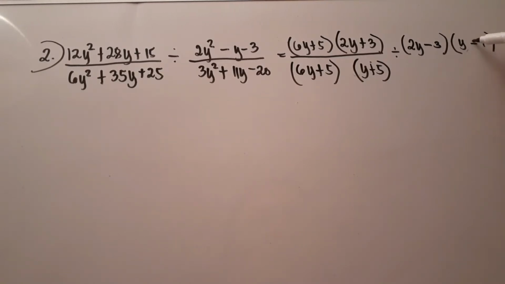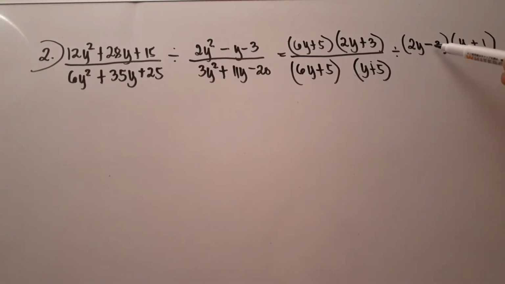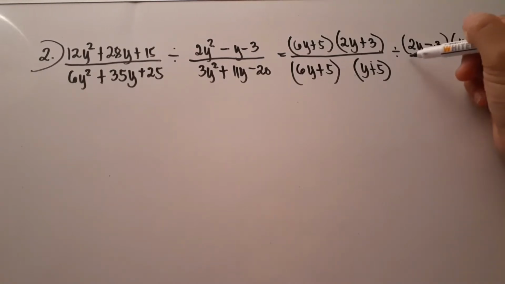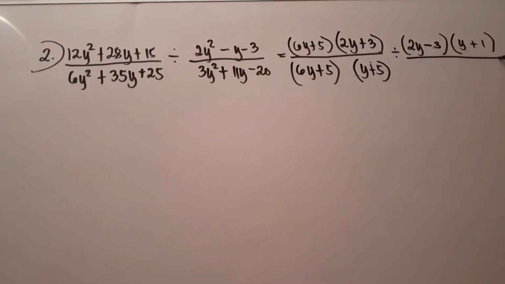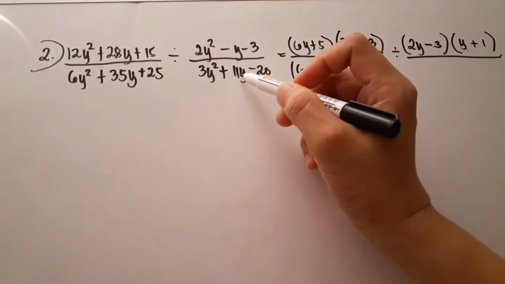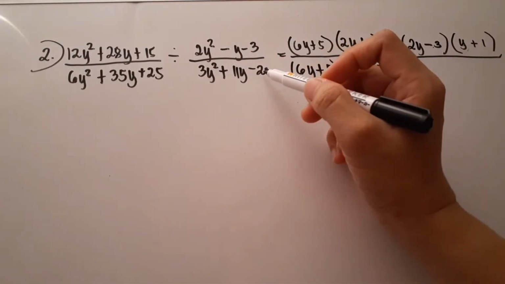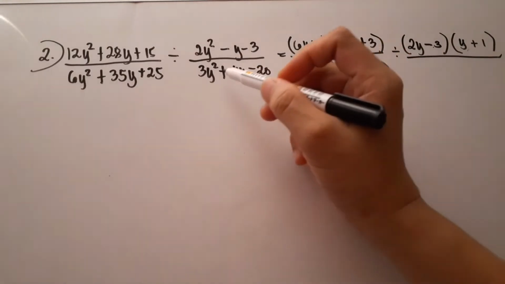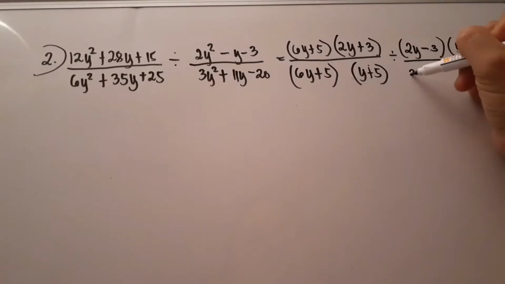Remember, negative times negative becomes positive. So negative 3 times y becomes negative 3y, then 2y times 1 is 2y, so the bigger value is negative 3, so negative 3y plus 2y is negative y, and this is the factor.